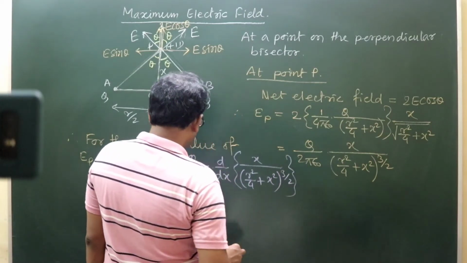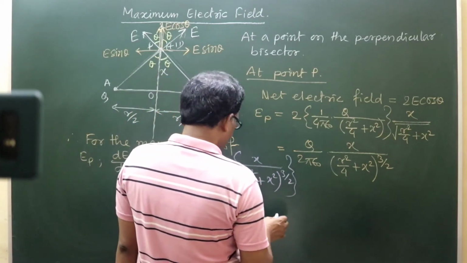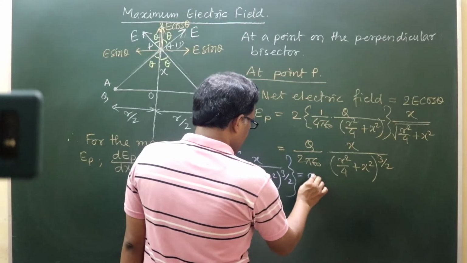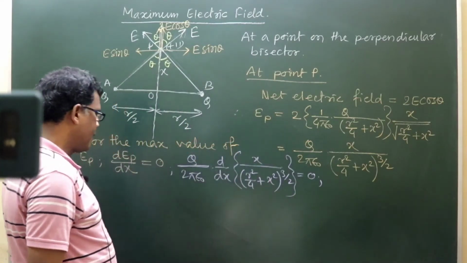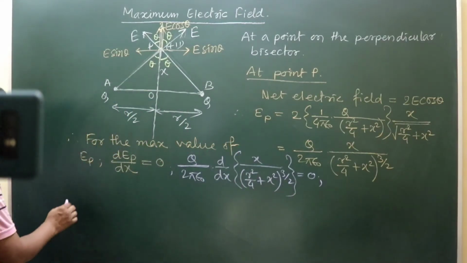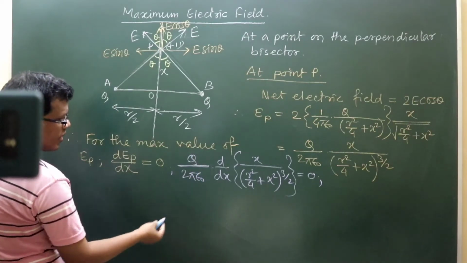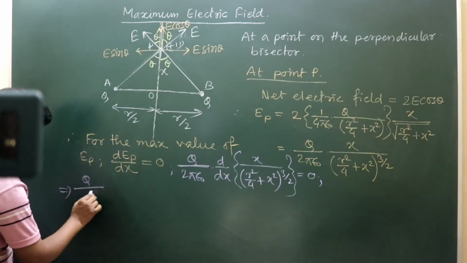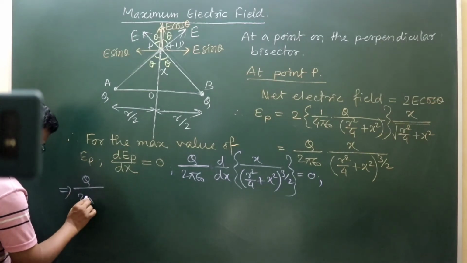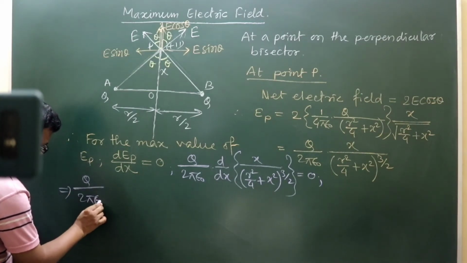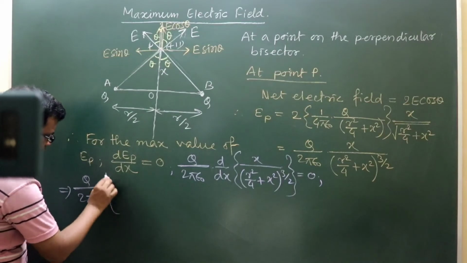This is to be differentiated, and this result must be 0. Got it? The constant term I can keep as it is, but the differentiation will be done by u by v, right?